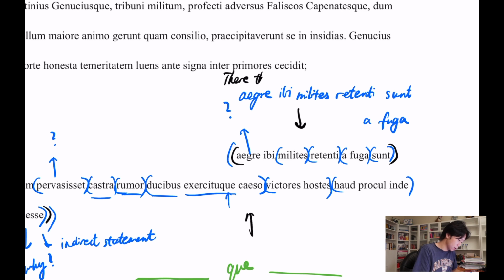So there, the soldiers were kept back from flight with difficulty.